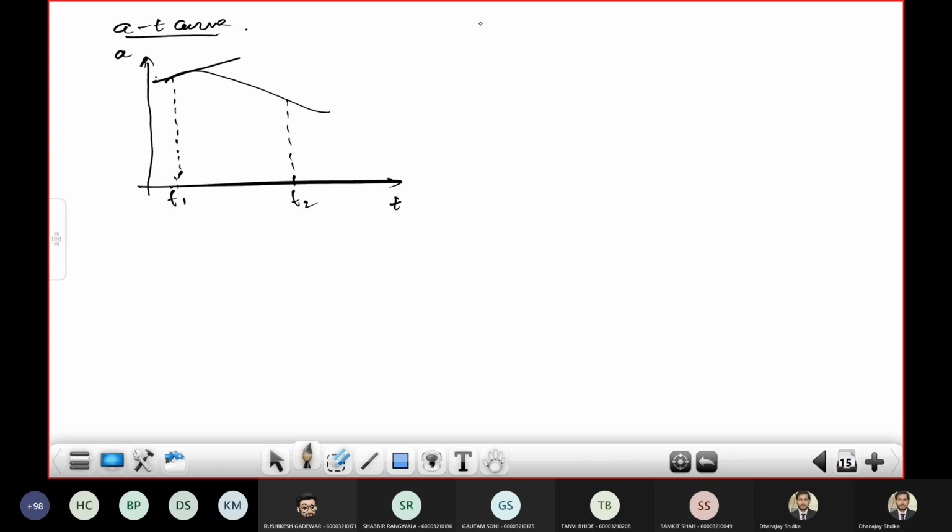Y axis is a and x axis is time. That means a2 minus a1 upon t2 minus t1. What is this parameter called? This is called jerk. So first I can calculate jerk using the slope of this AT curve.